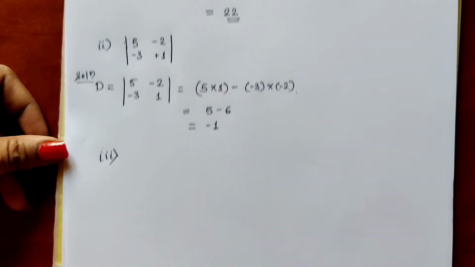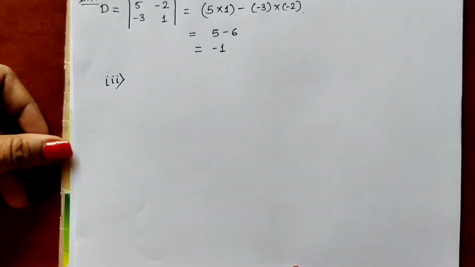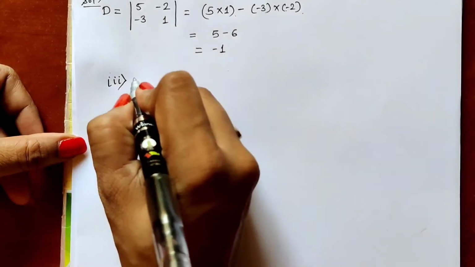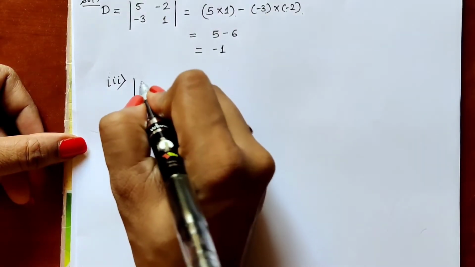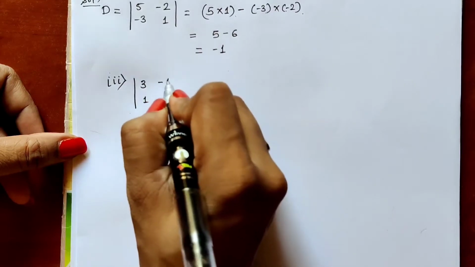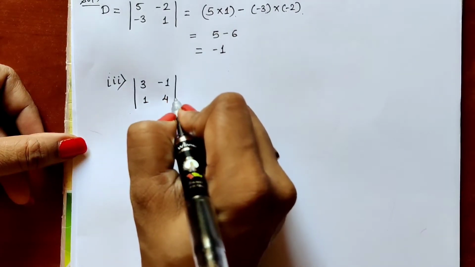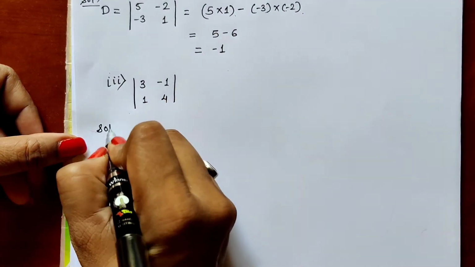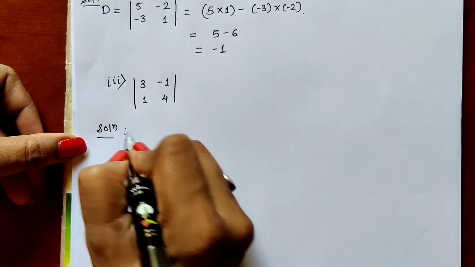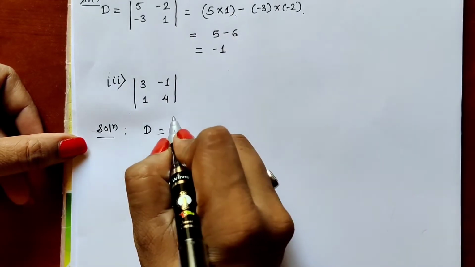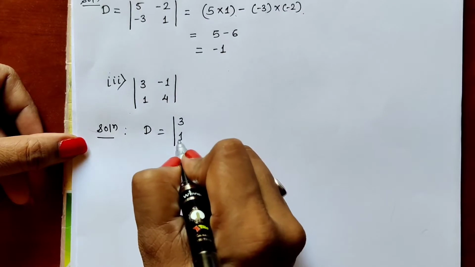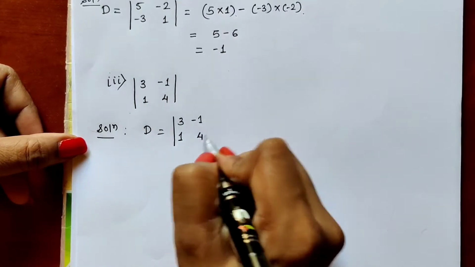Third one. Given determinant is 3 1 and minus 1 4. Now write the solution. In solution write D is equal to the given determinant 3 1 minus 1 4.